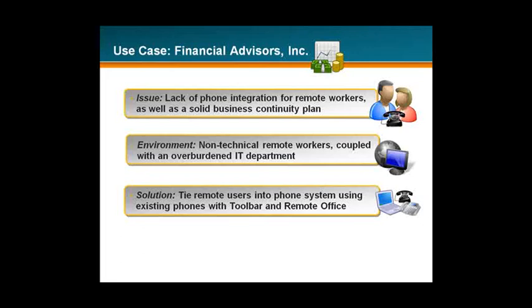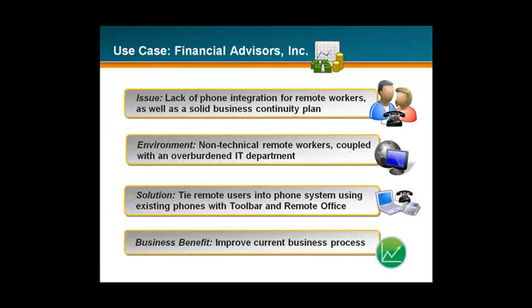This also means that even internal employees who may have to work remotely on a moment's notice can continue with business as usual with just their cell phones and their laptops. The result is a noticeable improvement in the company's current business process, an improved business continuity plan, and even the ability to provide their regular users with increased functionality.